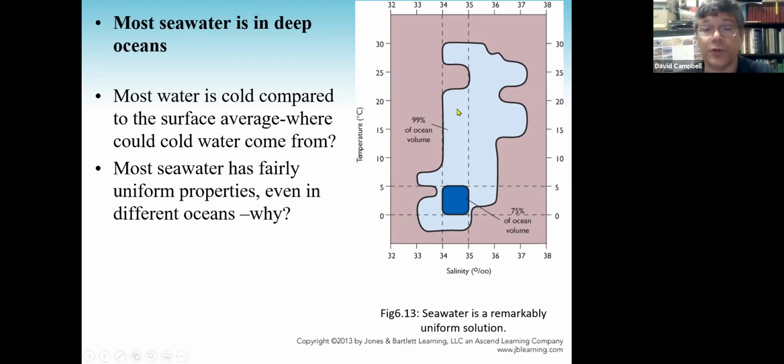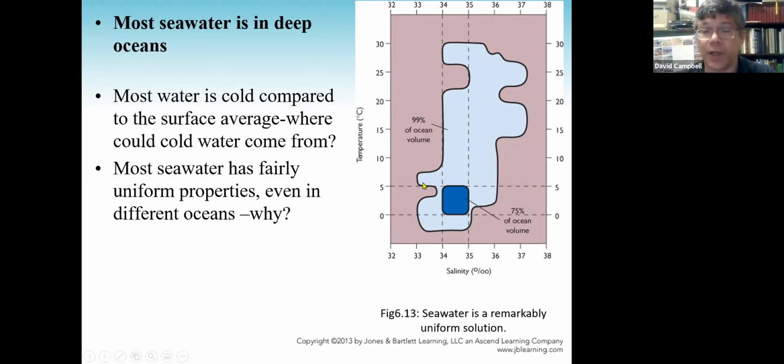The range in temperature for the ocean as a whole ranges from around 30 degrees Celsius at the warmest to a little below zero in the coldest areas. Salinity ranges from a low around 33 to a high around 37 for any significant part of the open oceans.